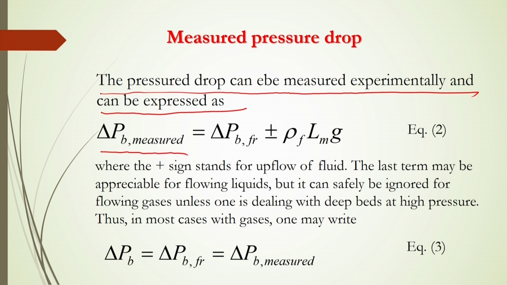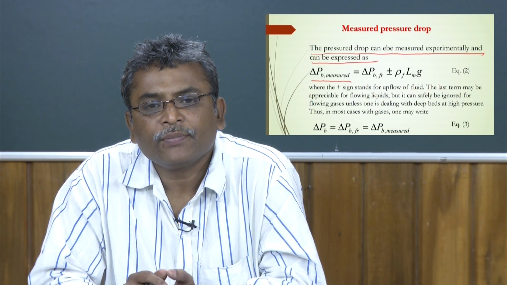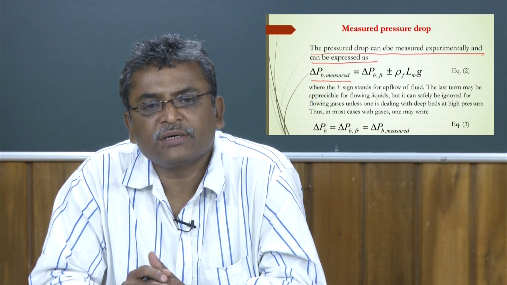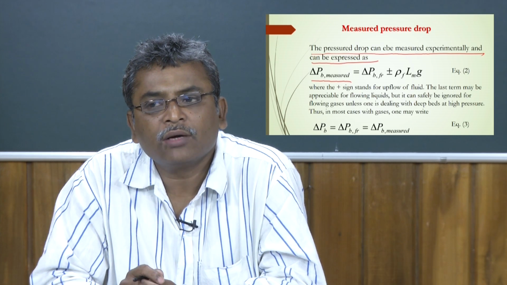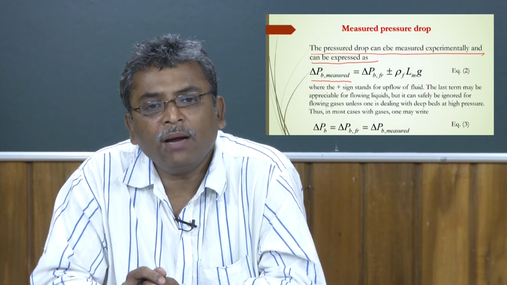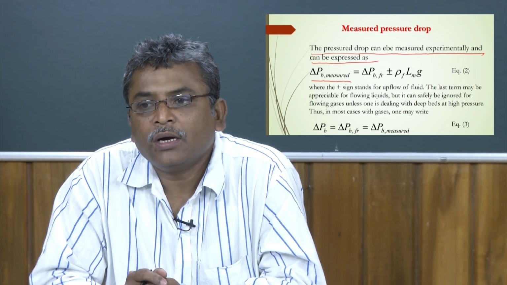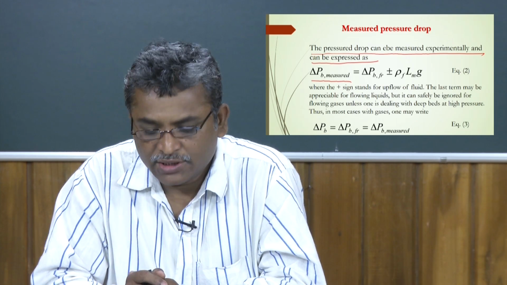So, this measured pressure drop has two parts. You can measure it by a manometer or by any electronic device, like a pressure transducer, to get the accurate pressure drop across the column. This measured pressure drop will have two parts, one is the frictional pressure drop, another is the hydrostatic pressure drop.